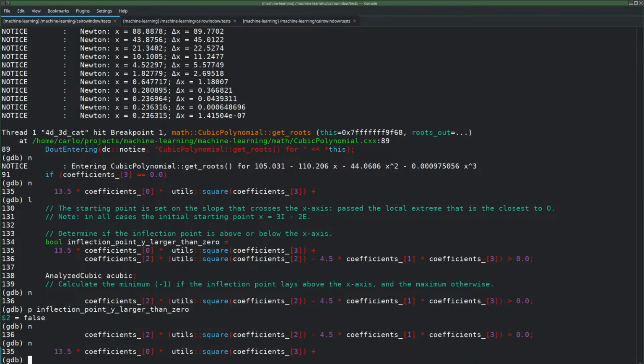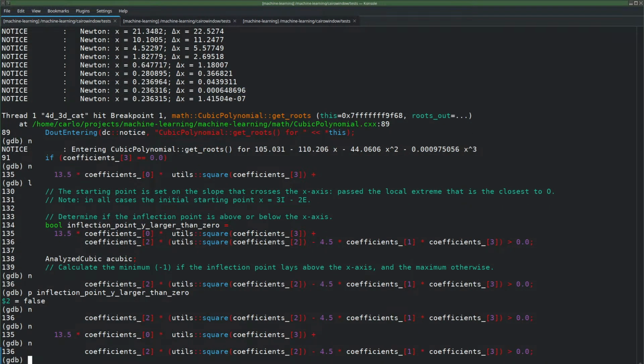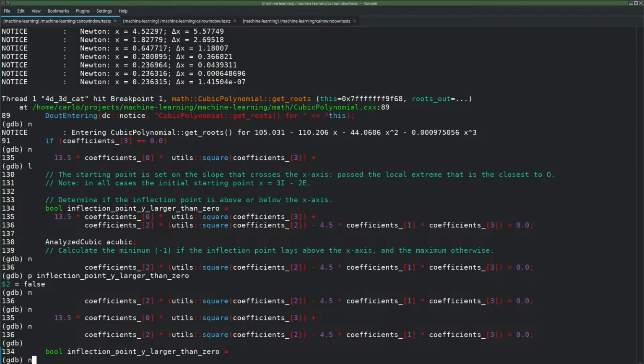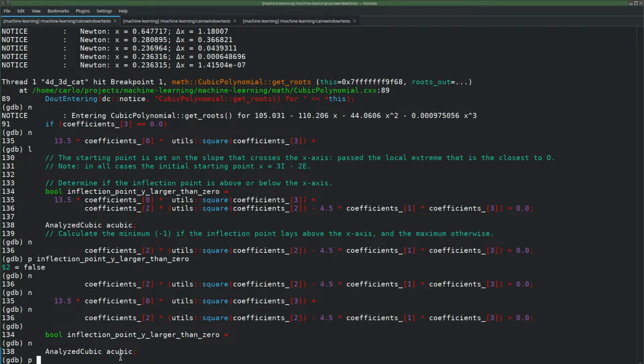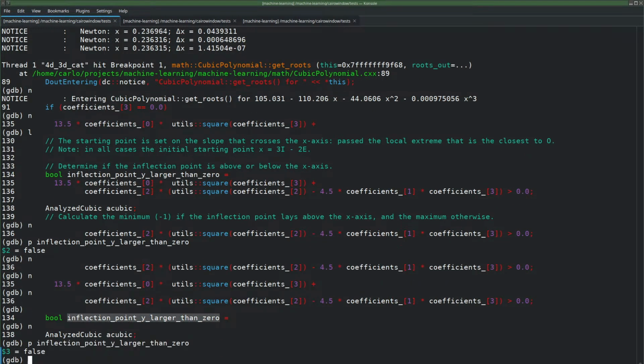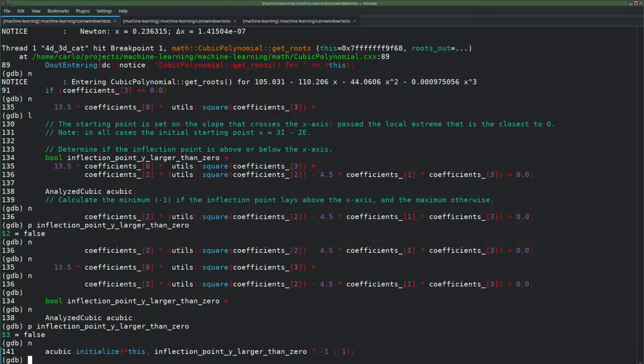Maybe it did not even calculate it yet. It keeps returning to the same code. No, it should be calculated. No, please let it still be false. Okay, now I do call initialize on an analyze cubic object with the cubic and 1, which means that we look for the maximum.